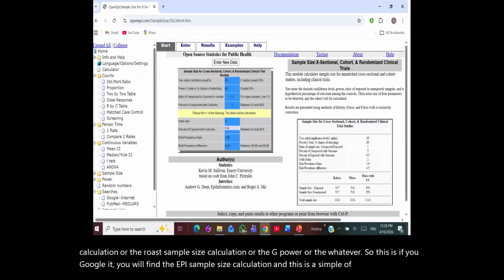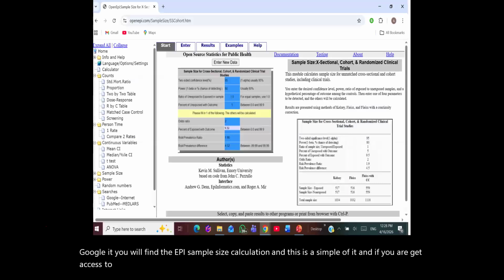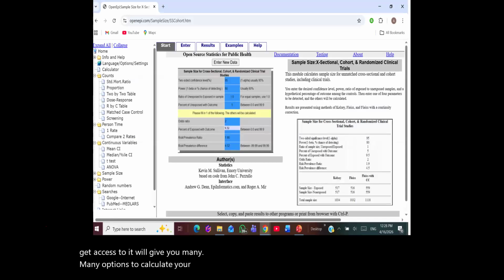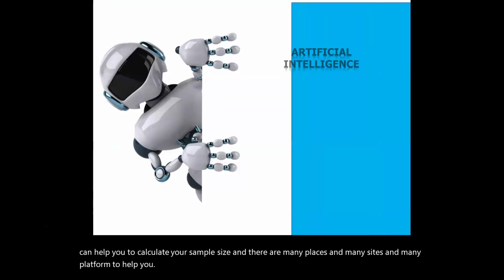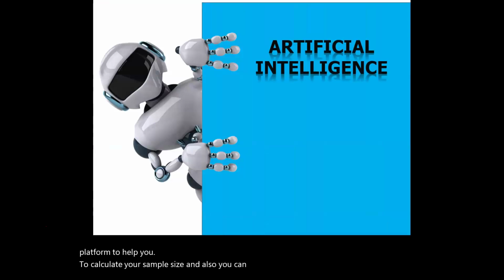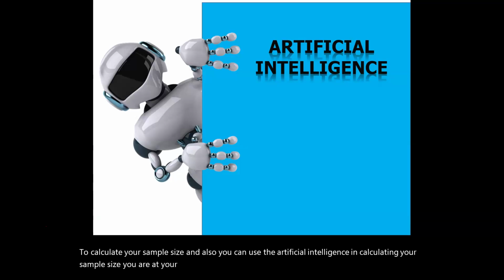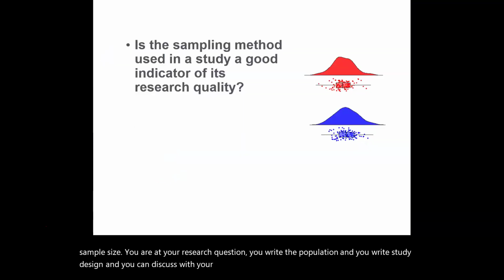If you get access to it, it will give you many options to calculate your sample size. It will ask you many questions about your study, and it can help you to calculate your sample size. There are many sites and platforms to help you. And also, you can use artificial intelligence in calculating your sample size. You write your research question, the population, and the study design, and you can discuss with your AI agent the sample size that you are going to use.